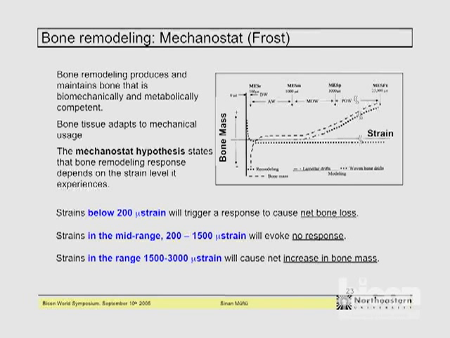And strains in the range of 1500 to 3000 microstrain will cause net increase in bone mass. So 1500 to 3000 actually is probably something that we would like an implant to impose on the bone. And if we go beyond 3000 or 4000, some catastrophic events start to happen. So we really don't want to move beyond 4000 microstrain.